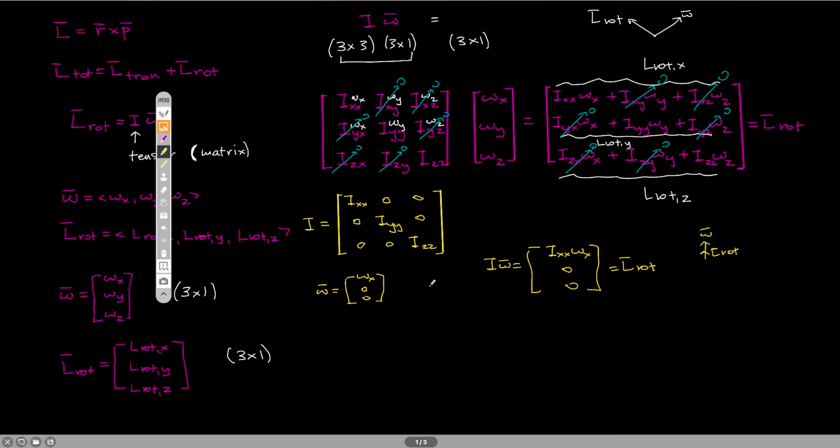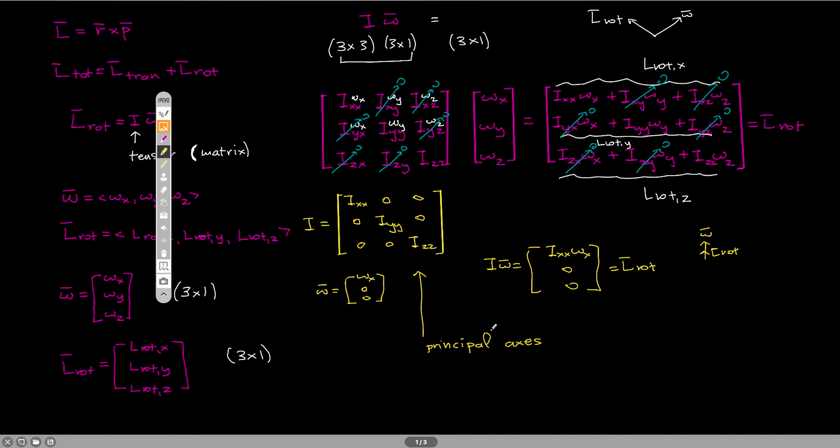So if you do use the three axes that we call the principal axes, then you get a moment of inertia that is diagonal, and if omega points along one of those three principal axes, your L rotational will be parallel to your angular velocity.